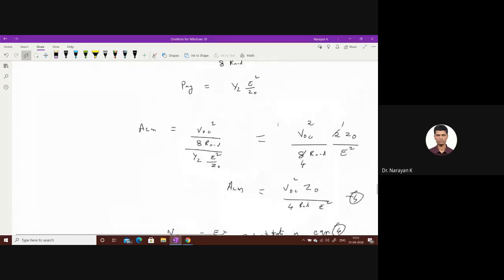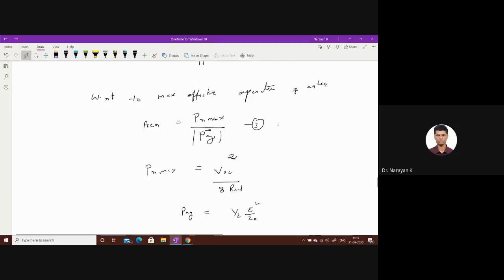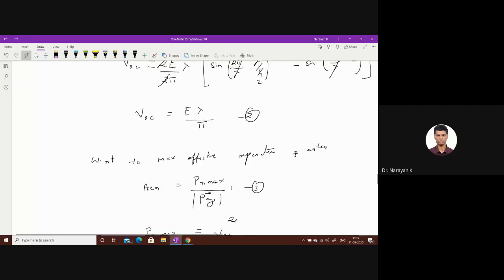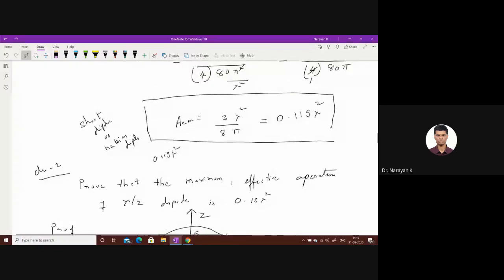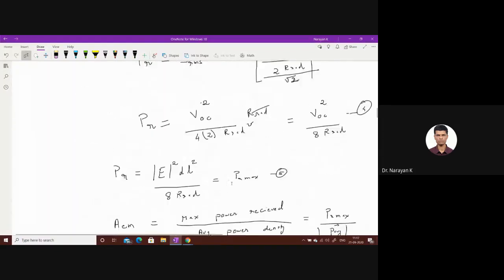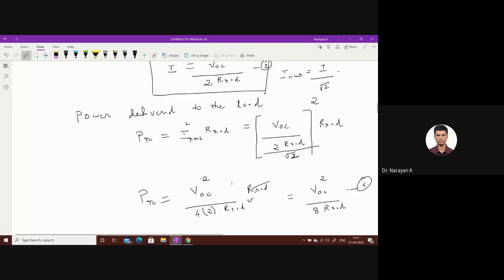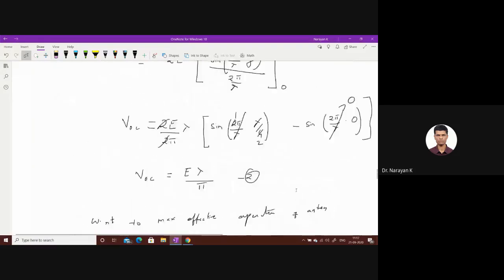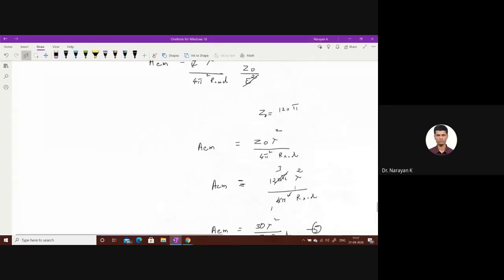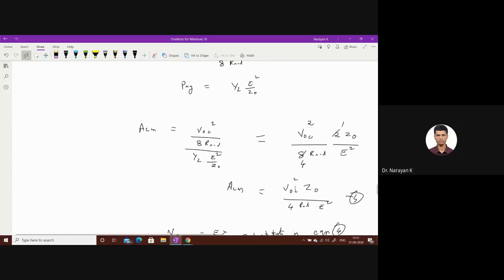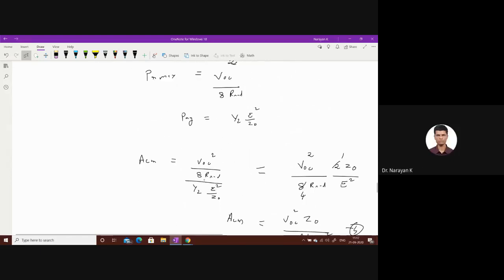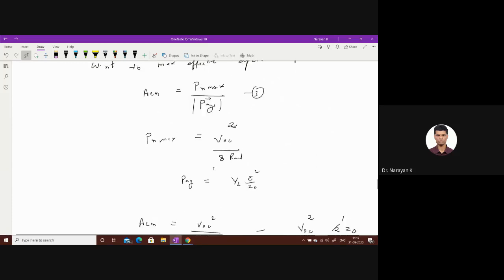Maximum power received is VOC square divided by 8 times radiation resistance, which is I square RMS into radiation resistance. This is very similar to the previous case, and I have directly substituted it in the second equation. Are you getting what I am trying to tell you? Yes, sir.